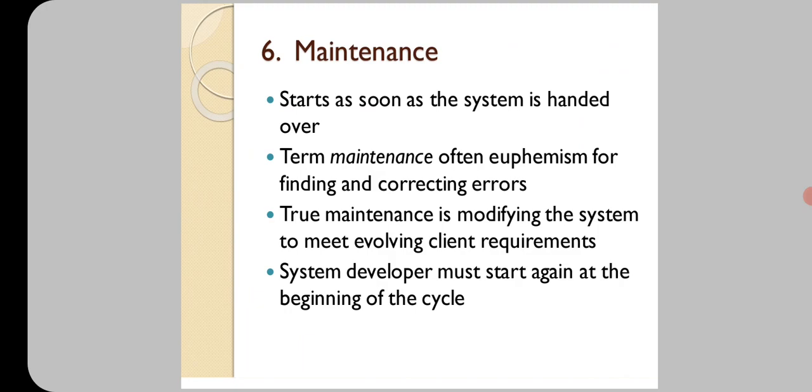Maintenance. The sixth stage, or sixth phase, of SDLC is called maintenance. So what is maintenance? It generally starts as soon as the system is handed over. Maintenance work starts immediately after the system is handed over to the clients, and the term maintenance is often a euphemism for finding and correcting errors.